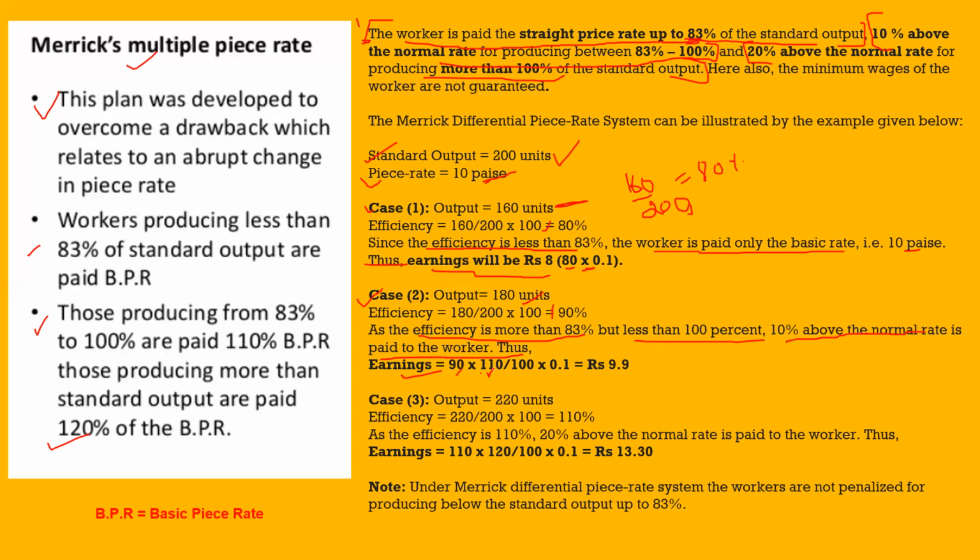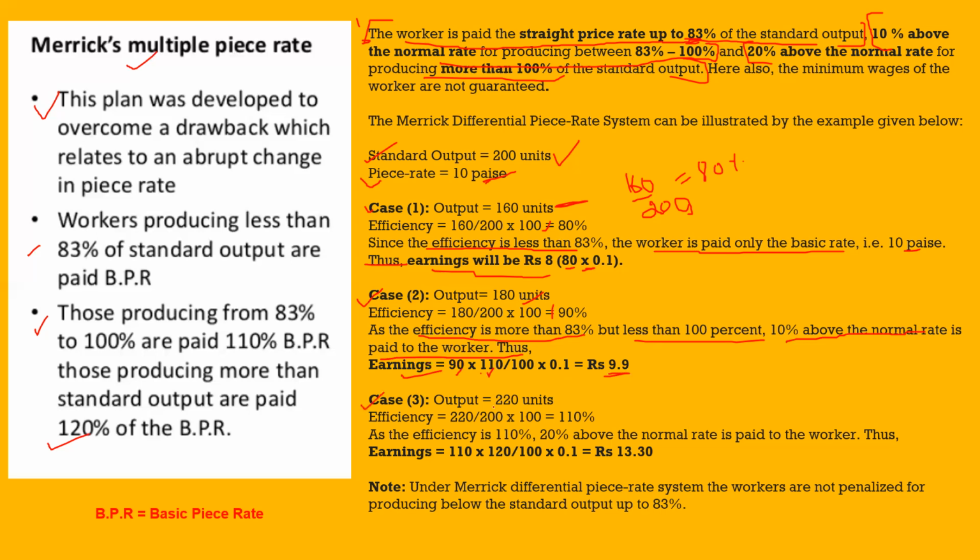How did we get 110%? 100% plus 10% above the normal rate is 110 divided by 100, that is 110%. We are converting into 0.1, that is 10 paise, which equals 9.9 rupees, his actual earning.